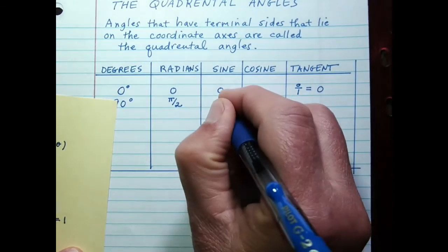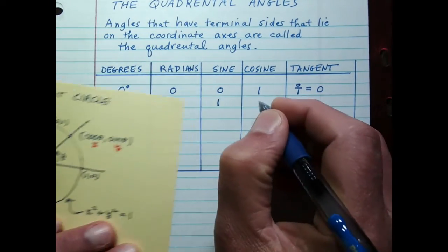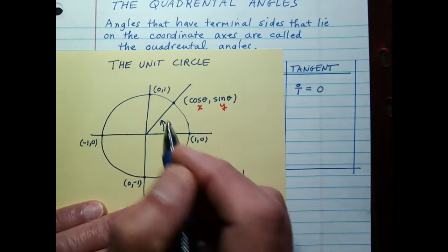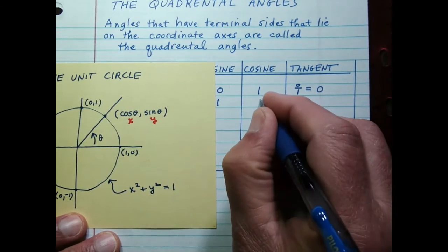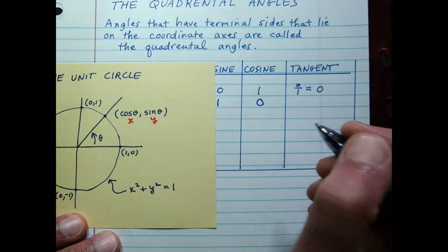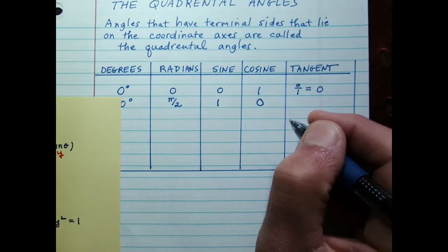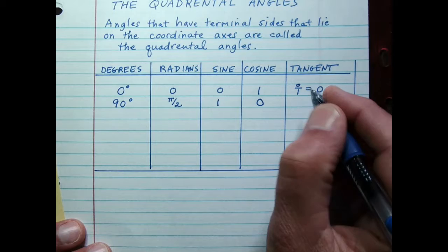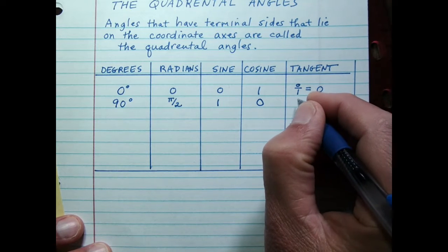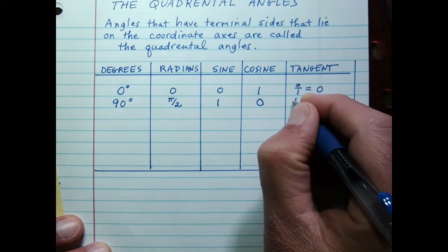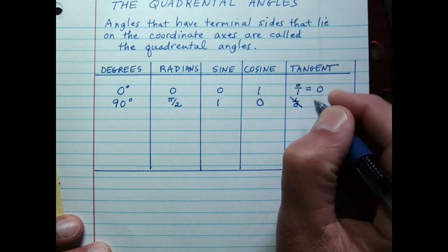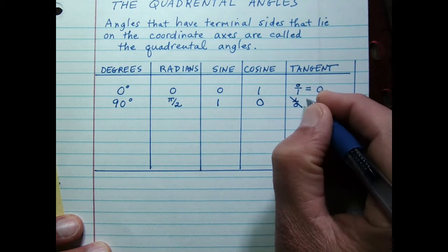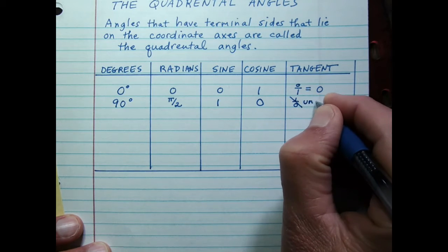So sine of pi over 2 is 1. But cosine of pi over 2 is 0, because the x-coordinate of this y-axis intercept is 0. And now when we try to compute tangent, we're taking sine over cosine, so we're trying to take 1 over 0, but you can't divide by 0. So we say that the tangent of 90 degrees is undefined.